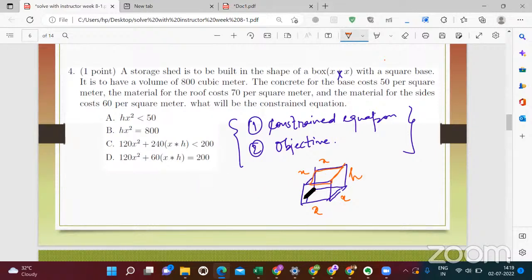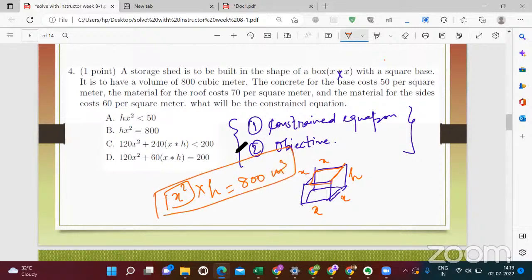So the volume will be x square, the area, multiplied by the height, and that should be equal to 800, the unit being meter cube. Any issue in this? Anyone? Did you get the point?